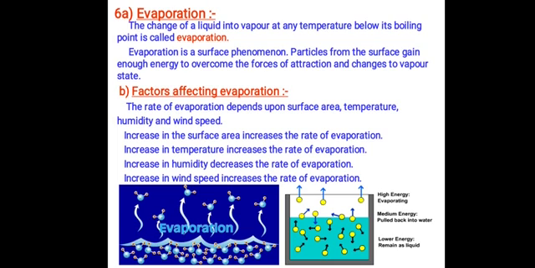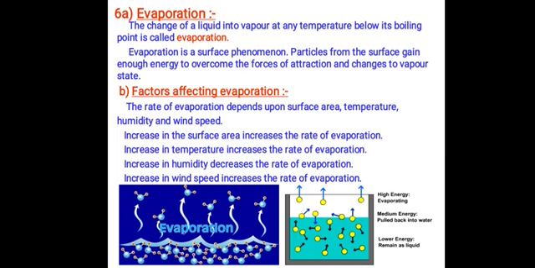Increase in the surface area increases the rate of evaporation. Increase in the temperature increases the rate of evaporation. If humidity is increased, the rate of evaporation is decreased. High humidity in the rainy season does not allow our clothes to get dried very soon. Increase in wind speed increases the rate of evaporation.